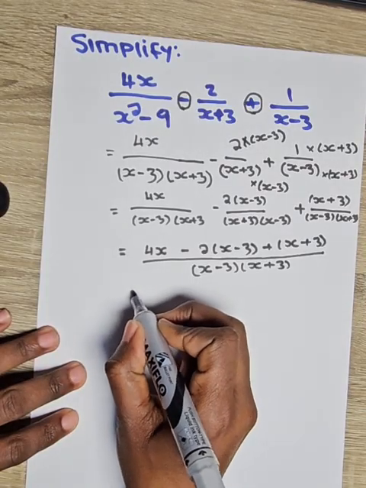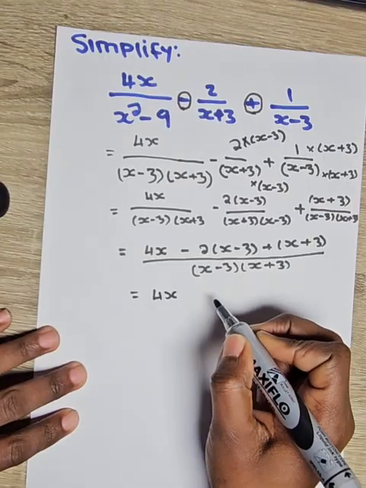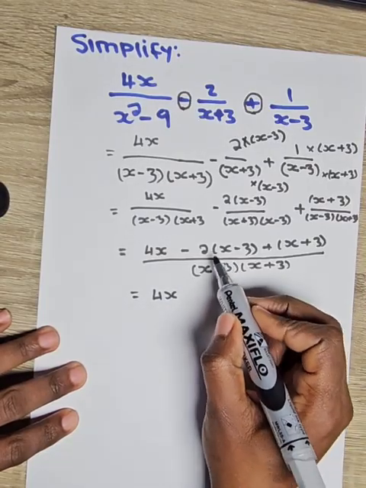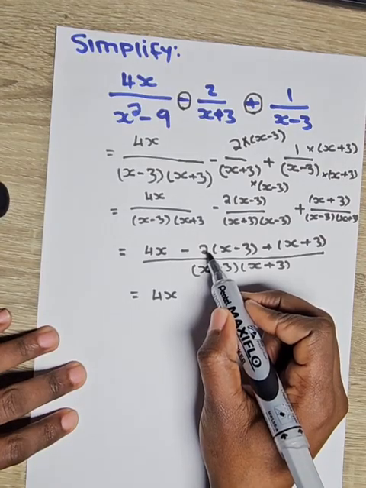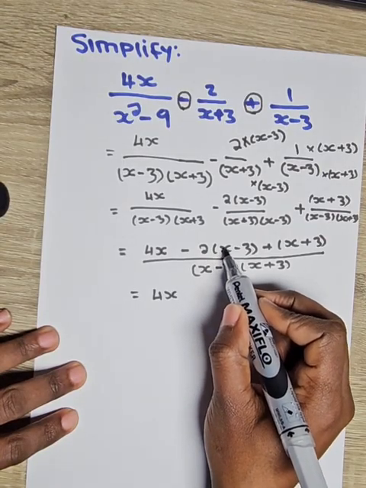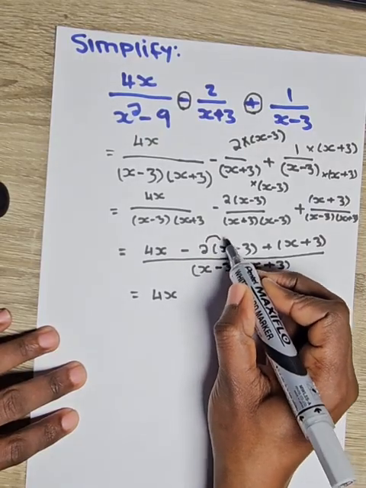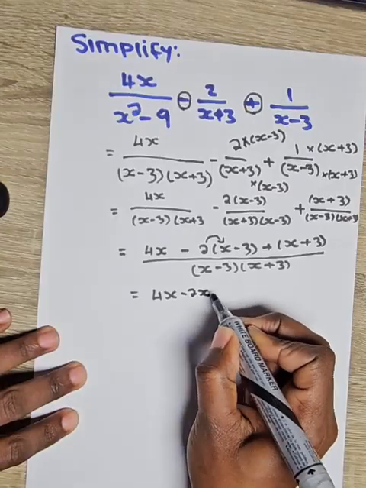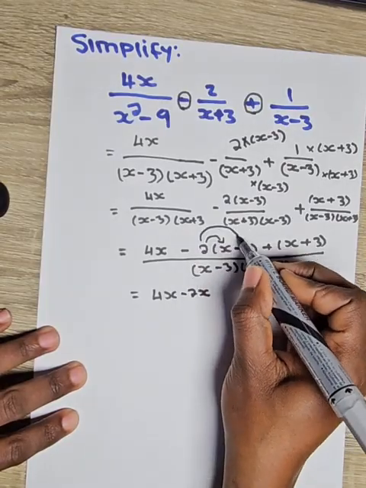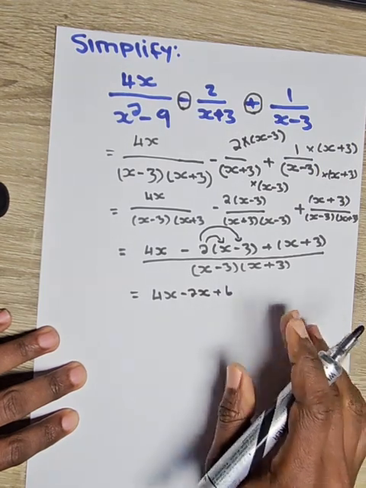We're going to say equals 4x minus 2. The minus 2 must be multiplied by each term in the bracket. Therefore, minus 2 times x gives minus 2x, and minus 2 times minus 3 gives plus 6.